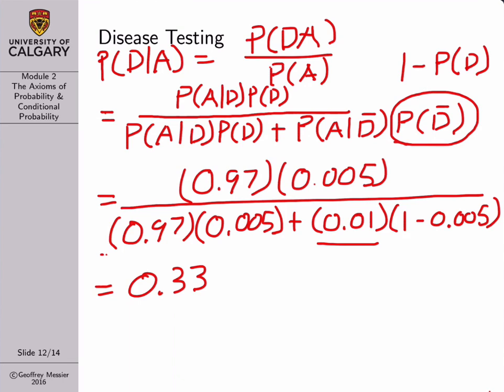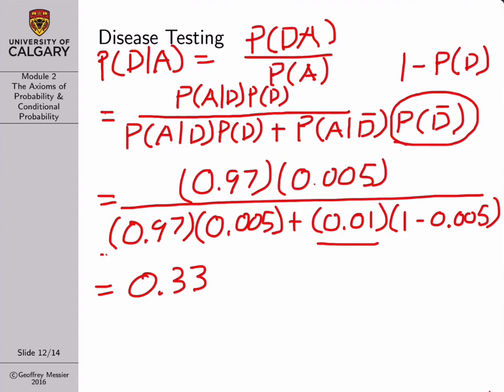Now, what are some ways that we could possibly improve this situation? Well, we could, in a fairly straightforward way, reduce the size of our universal set. Right now, I've said that the disease occurs in 0.005% of the entire population. Let's say there's certain symptoms for the disease. For example, everybody with the disease has a red rash.